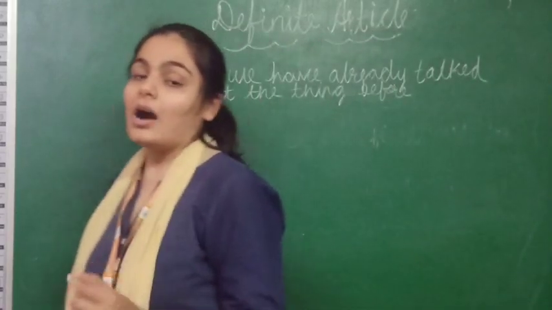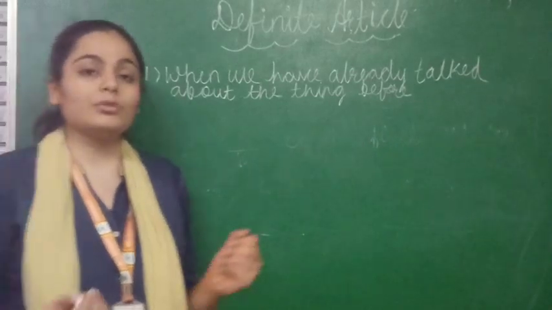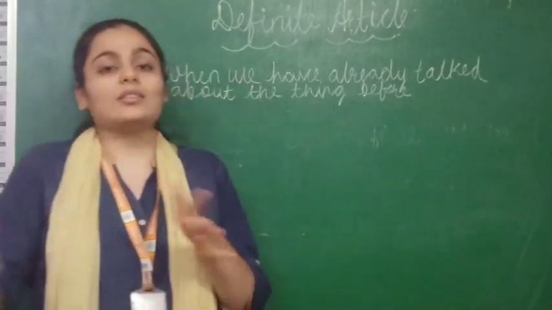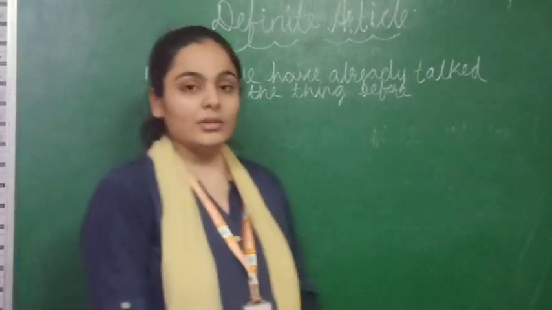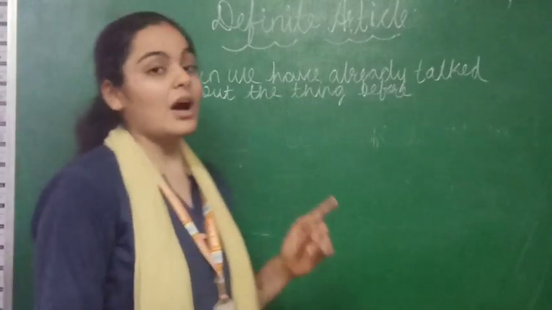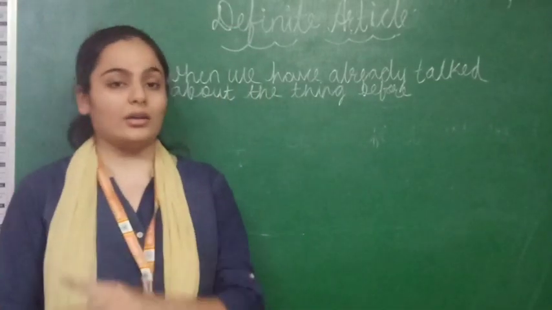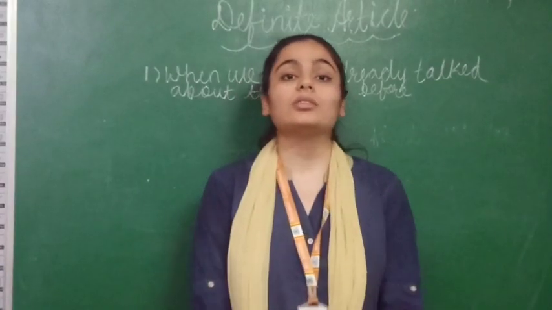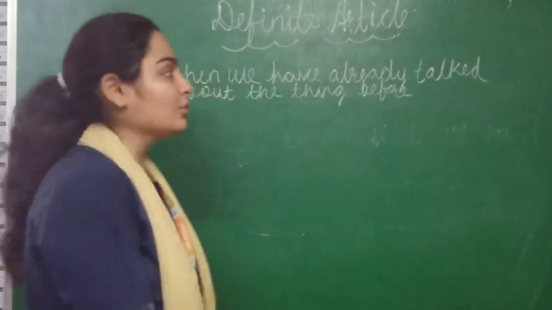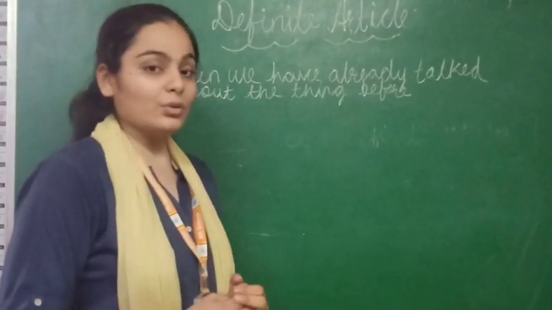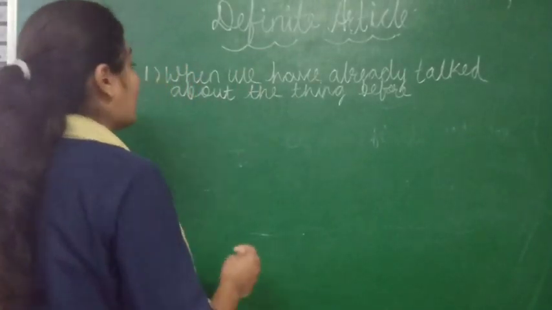So what is the difference between indefinite and definite articles? Let's learn how to know which article is indefinite and which is definite. In the indefinite articles we use a or an. In the definite article we use the. So where do we use the definite article?